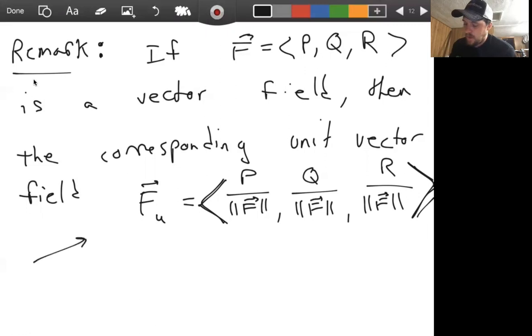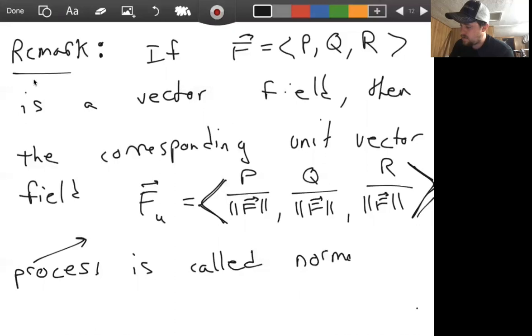This process of dividing through by the magnitude is called normalizing a vector field.